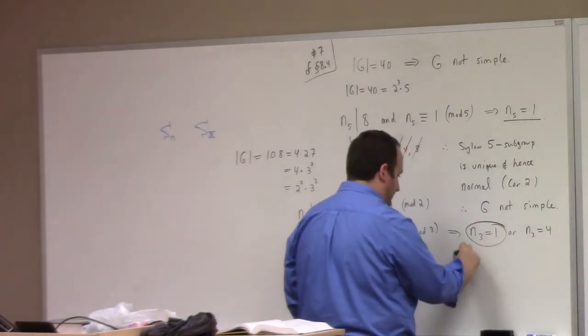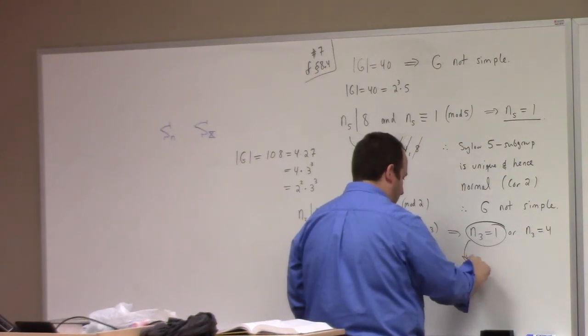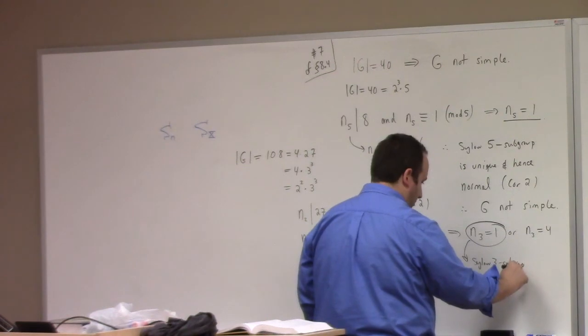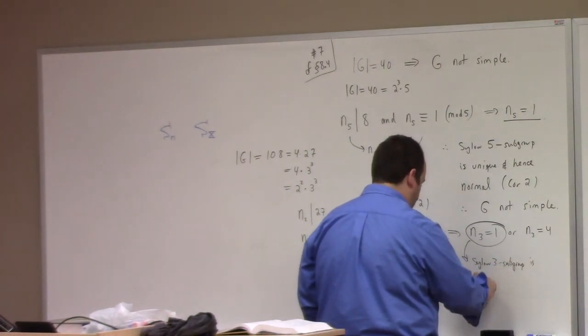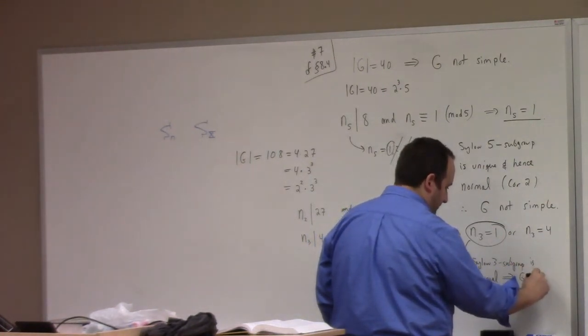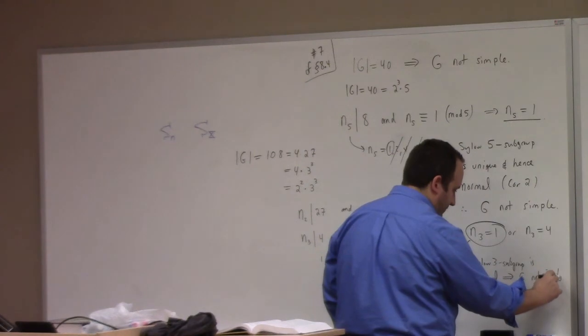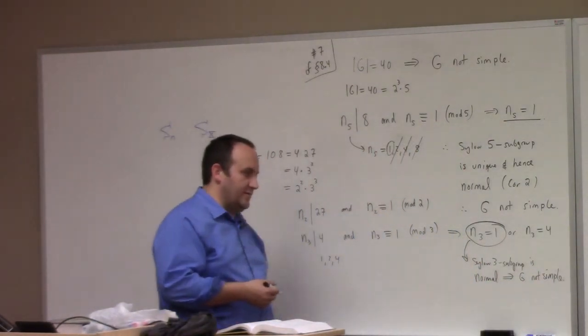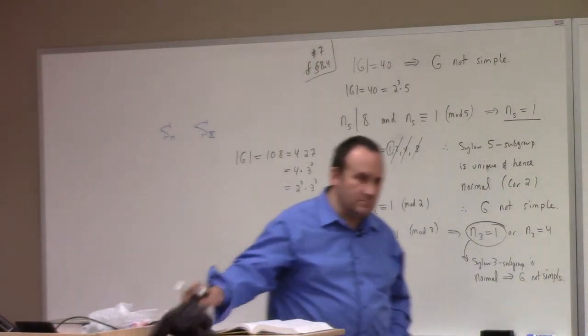If n3 is 1, that says that the Sylow 3 subgroup is normal, and that implies that G is not simple because that wouldn't be the whole group. All right. On the other hand, if n3 is 4, what's that say?